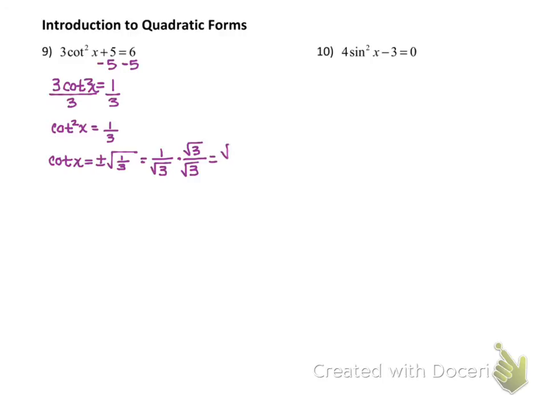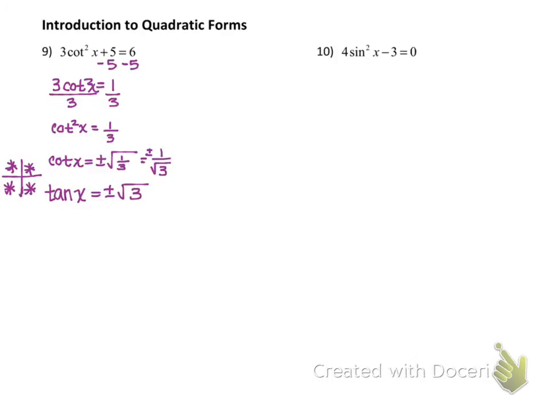I don't need to rationalize it. Sorry about that. I don't need to rationalize it yet. I get plus or minus 1 over root 3, but I need it in terms of tangent. So tangent x equals plus or minus the square root of 3. So I don't actually have to rationalize. Sorry about that. So now we need to know the quadrants where tangent is either positive root 3 or negative root 3. And since it's positive and negative, that means that we can have positive and negative root 3 in all 4 quadrants. So now we're going to have 4 solutions.